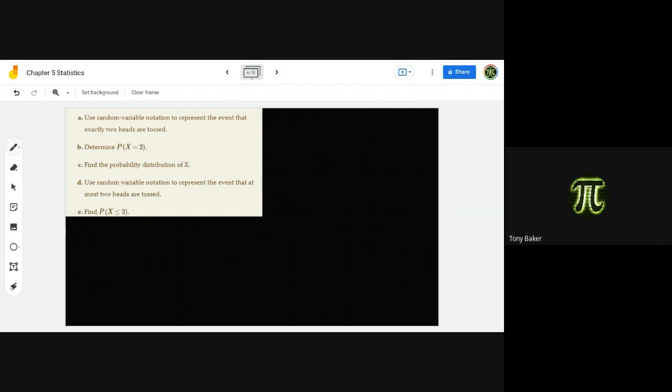What are the possible outcomes? So each one is a heads or tails, right? So my first possible outcome would be heads, heads, heads. So then heads, heads, tails. And then heads, tails, heads. Heads, tails, tails.